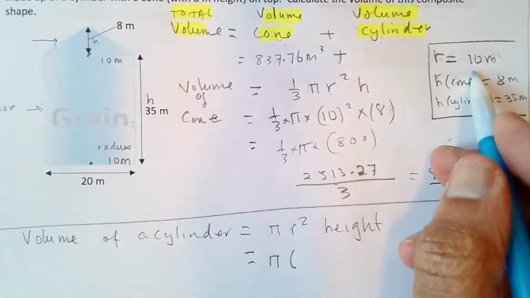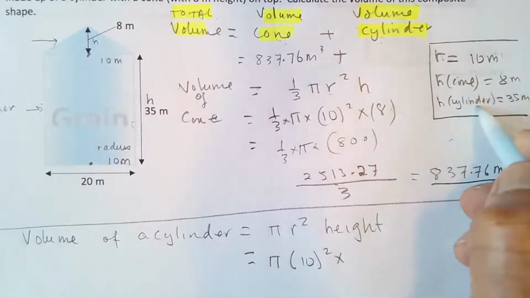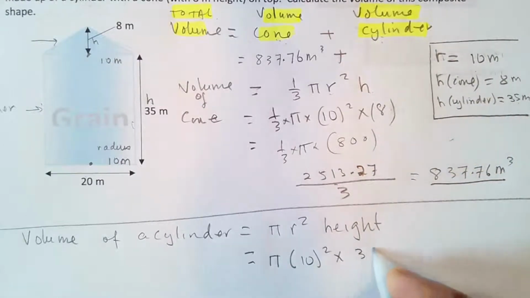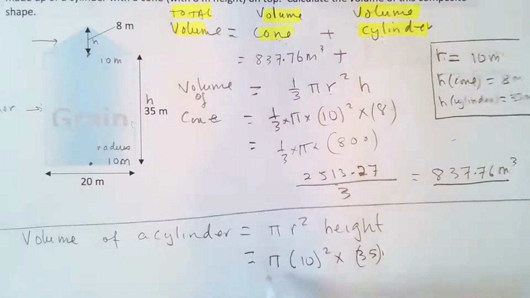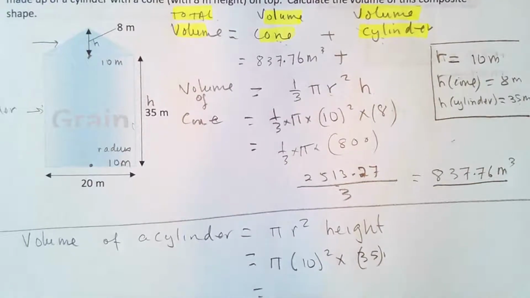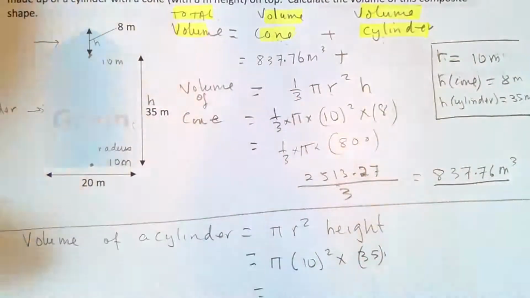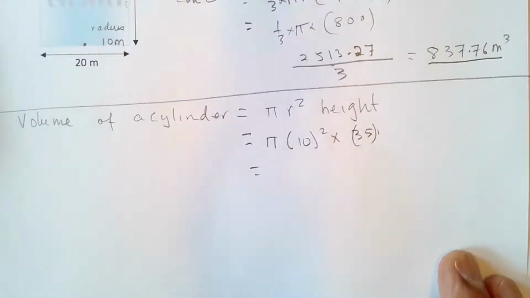We know the radius is 10, so we put 10 squared multiplied by the height of the cylinder, which is 35. Don't confuse it with the cone. And this worked out to be, let's see here.